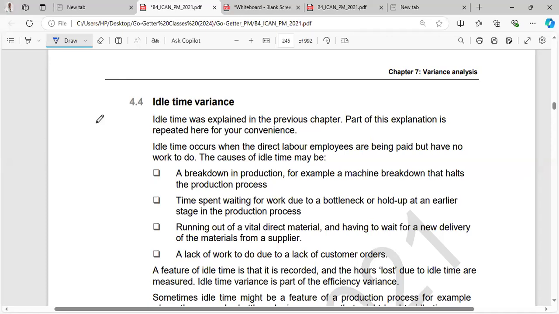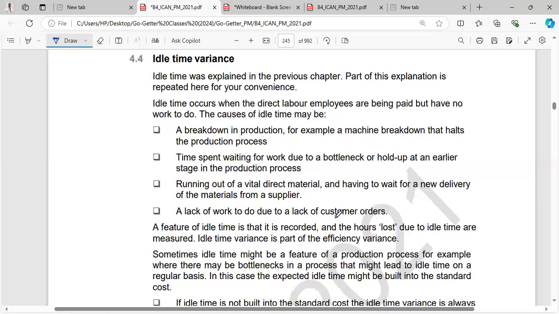And maybe process three is faster than process two, and so there will be a time process one and process three will be waiting, and process two is the bottleneck. Those times that the bottleneck happened, they are still paying them. Then there's a shortage of vital materials and they have to wait for new delivery, or maybe are waiting for customers' orders and it's not coming.